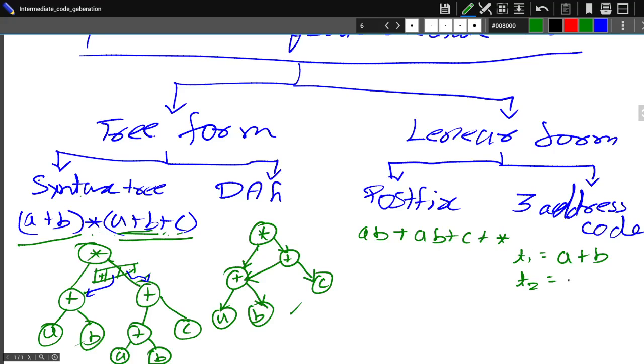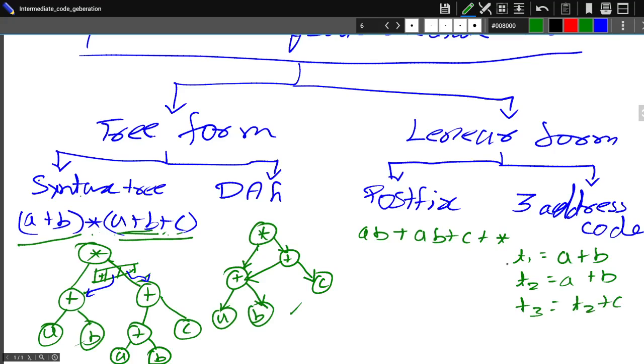So it is true that here you can reuse t1, but still let me write t2 is also a plus b. Since these things are automatically generated, we have to take care of these things as well, right? So t2, now t3, for t3 will be t2 plus c.